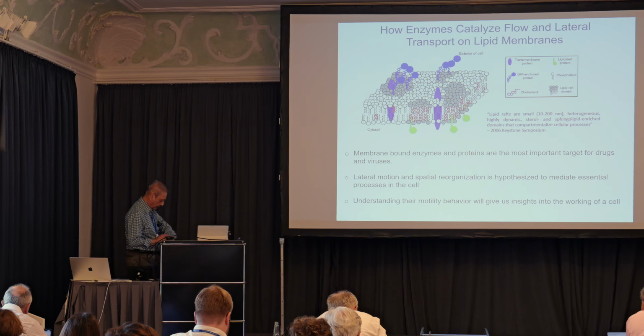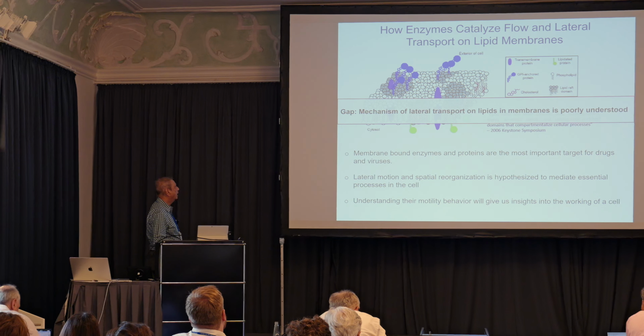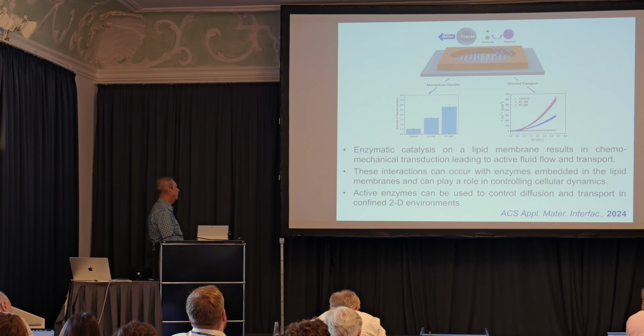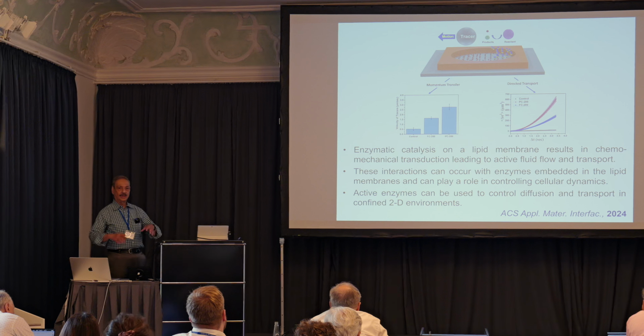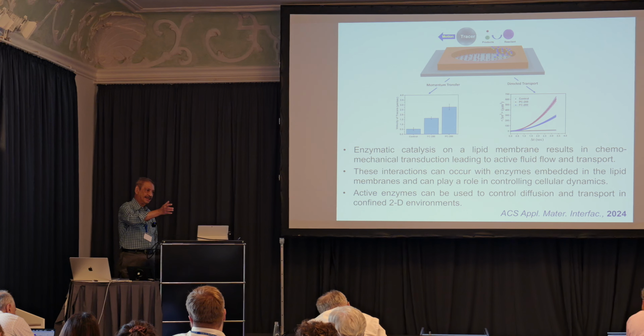I don't think I have the time to go through it. All I'm going to say is it's fluid flow, because you can attach the enzymes on the membrane, you can add particles, and you see the particles moving. And depending on what enzyme you attach, they move towards or away from it.